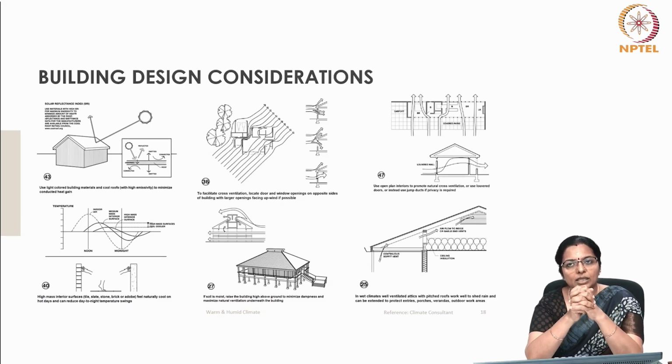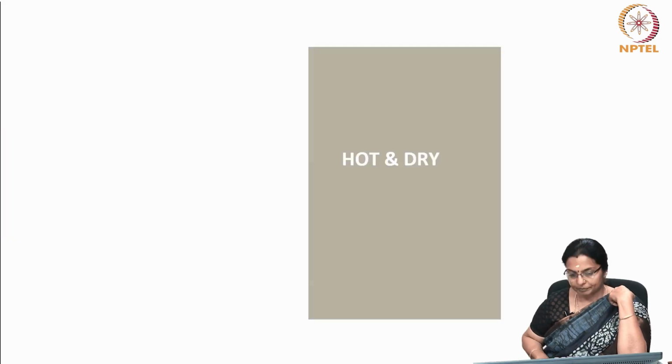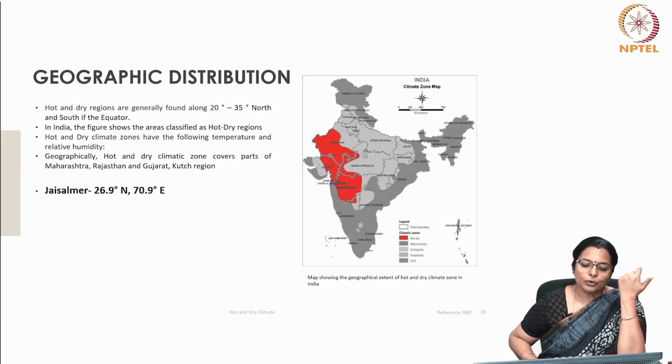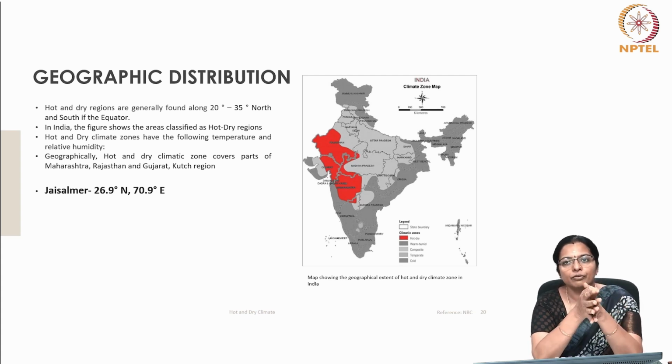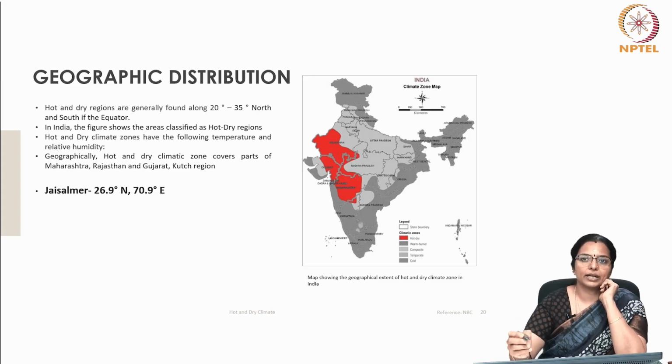Let us now see the characteristics of hot and dry climate. Now, if you look at the geographic distribution of hot and dry regions, these are generally found along 20 degrees to 35 degrees north and south of the equator.